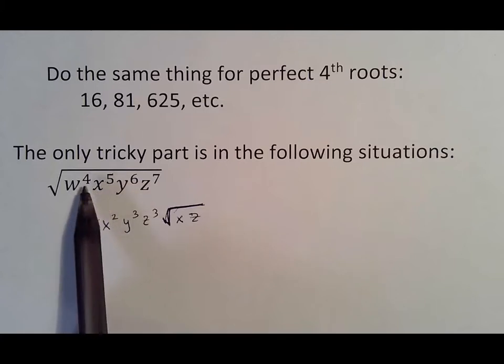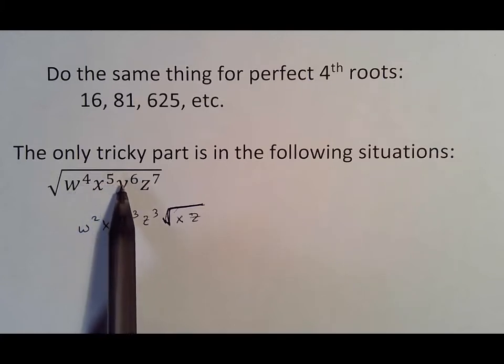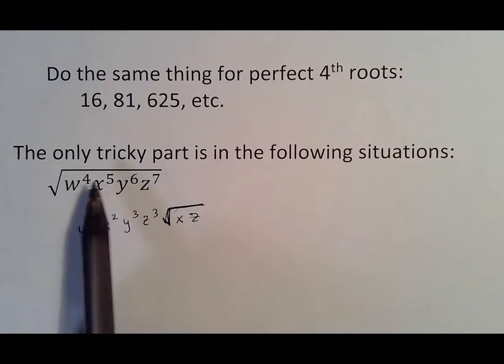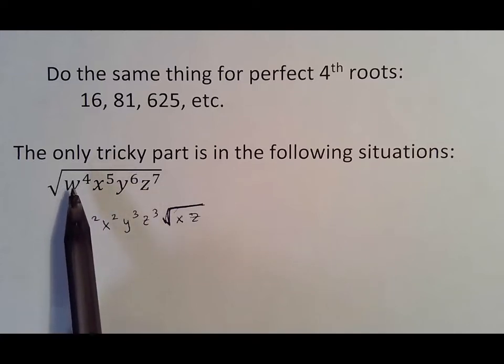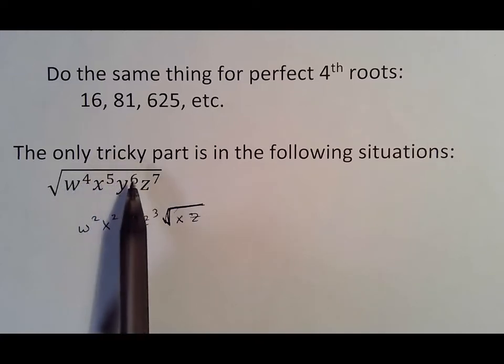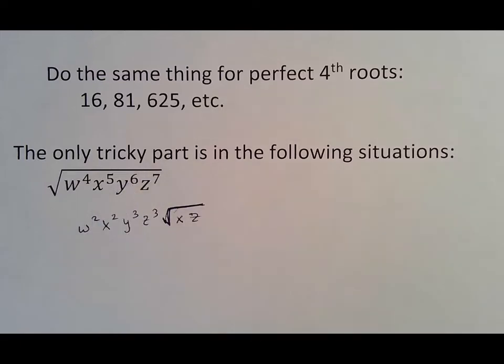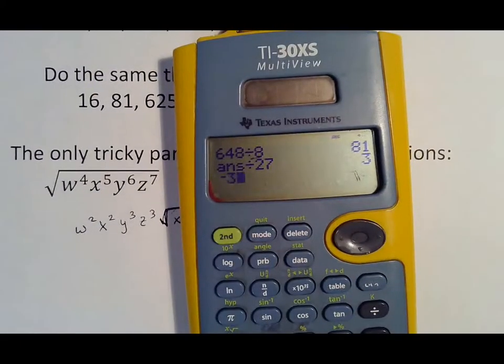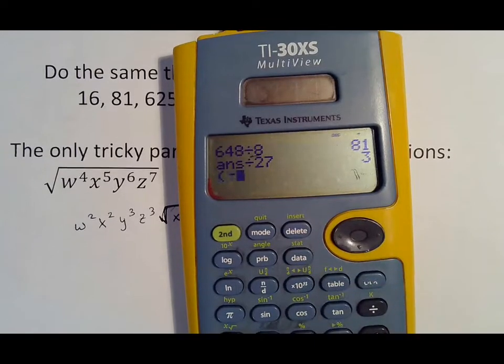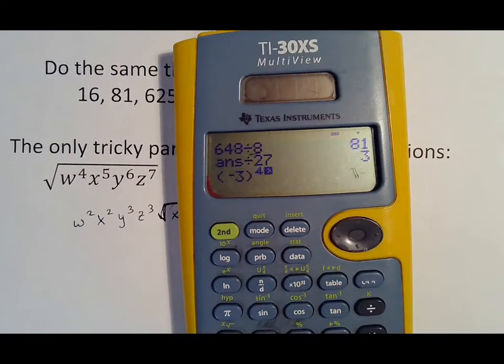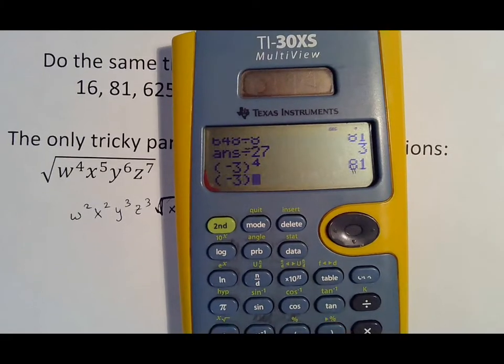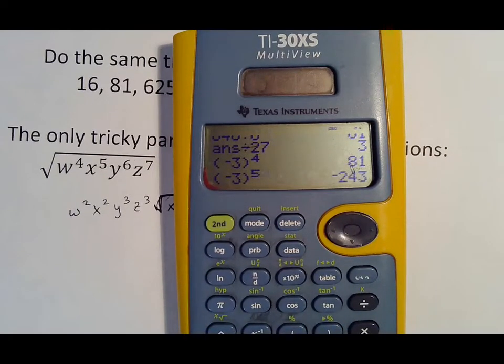So you can't do it with negatives, but our w to the fourth and w to the sixth are dangerous here because you could put a negative number here for w and it would still be positive. You could put a negative in here for y and it would still be positive because any negative number going to an even power comes out as positive, but a negative number going to an odd power comes out negative.